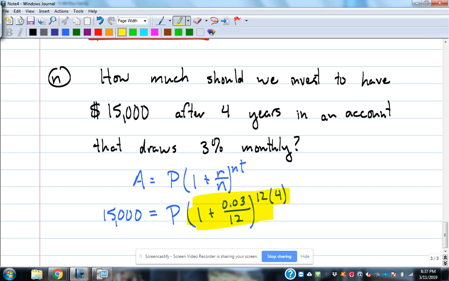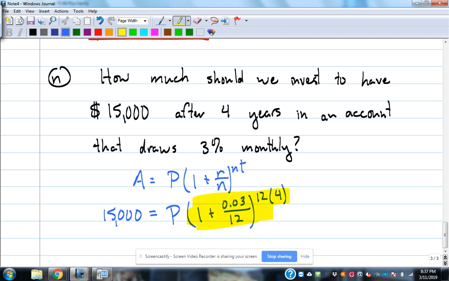Is that a variable or is that a number? It's going to be a number. It's going to be an ugly decimal number, but it's a number, right? So it's P times a number is equal to 15,000. So what do I have to do to get P by itself? Figure out what this number is and do what? Divide it to the other side, and that's going to get me my principal investment out of that.